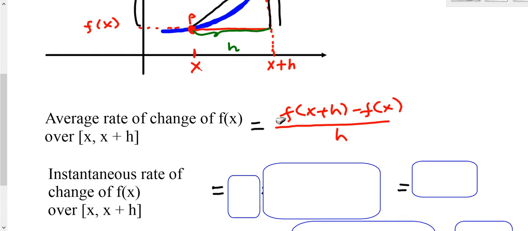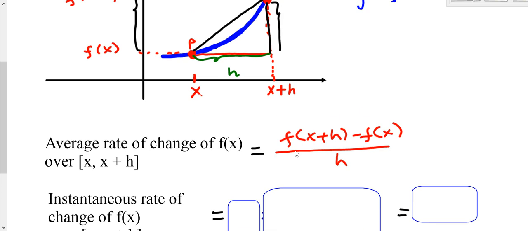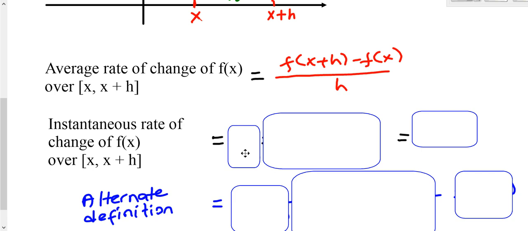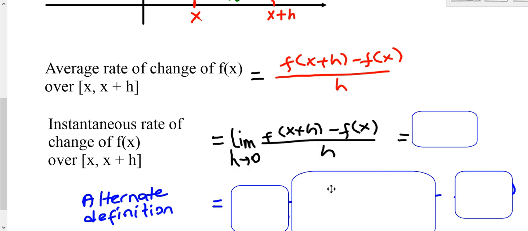Remember, the groundbreaking idea was to go from average rate to instantaneous. It was to make this interval shrink, make it smaller and smaller gradually. So we're taking a limit as which quantity vanishes? h, right? So take a limit as h goes to 0 of the above expression. And that is actually the answer. That is the formula for the instantaneous rate of change over the interval.